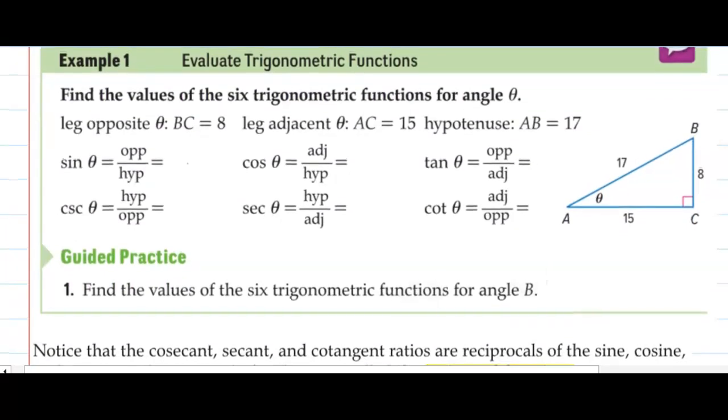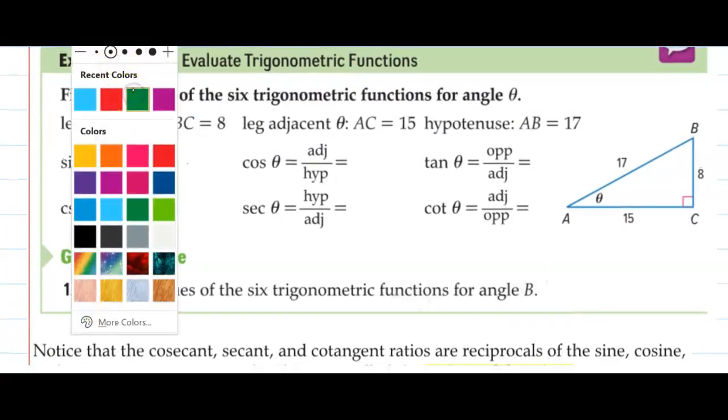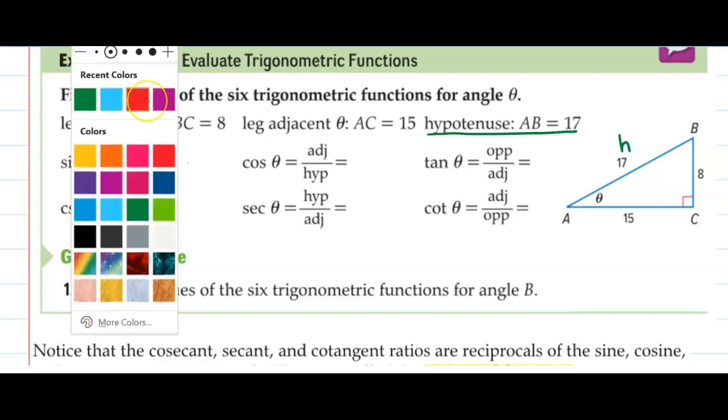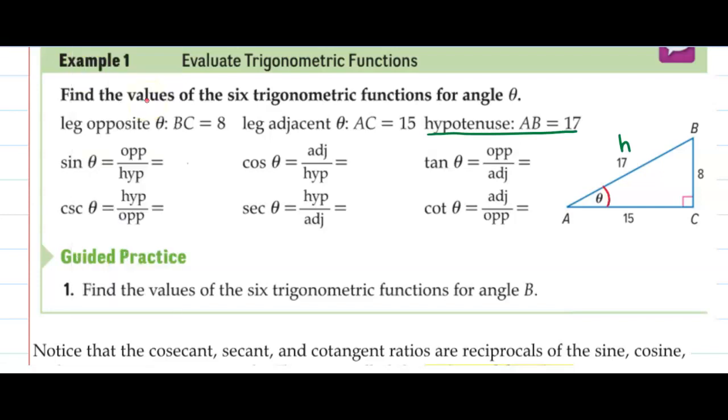Let's take a look at this first example here. Again, labeling my sides. 17 is the hypotenuse. It also says it here in the given information. We know that with respect to angle theta, or angle A, this side, side BC, that has a length of 8, would be the opposite.